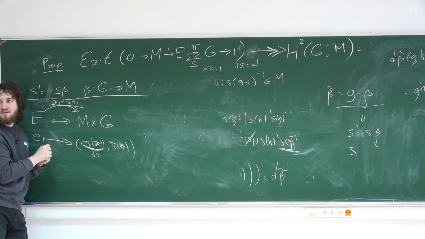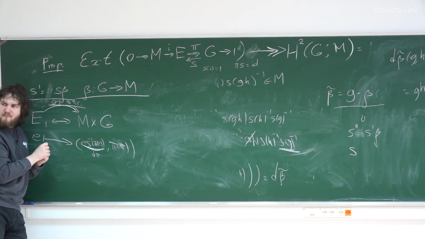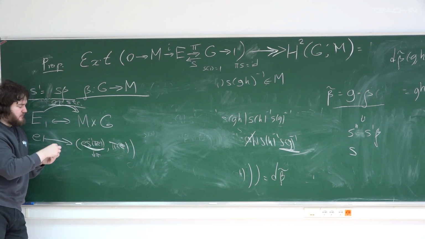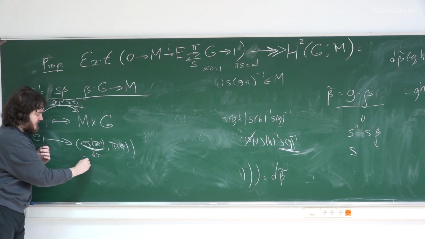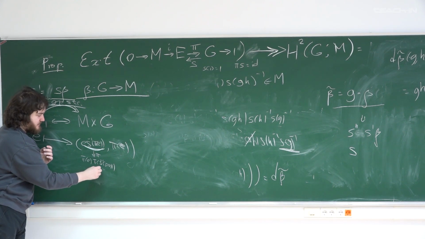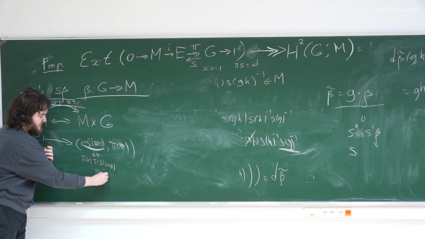I don't understand how we can apply this. Pi of E is in G, but I cannot use this minus 1 from G. Pi is a group homomorphism. It sends S minus 1 to the inverse: pi S minus 1 pi E equals pi S pi E minus 1, and this is the identity.